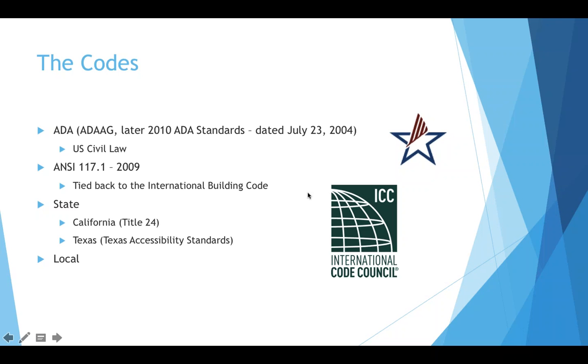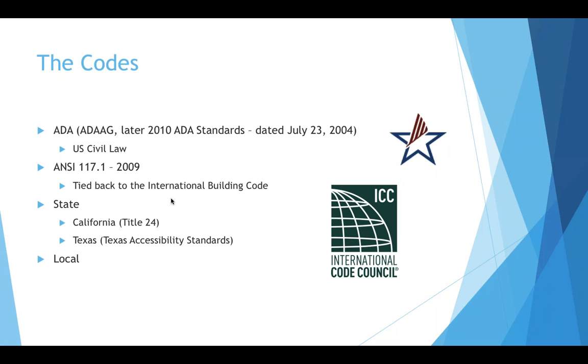The difference with civil law is if you're not in compliance with something, somebody has the right to sue you. And this is more than just restrooms, but accessibility to the entire building, facility, and anything that the ADA can be applied to, equality.